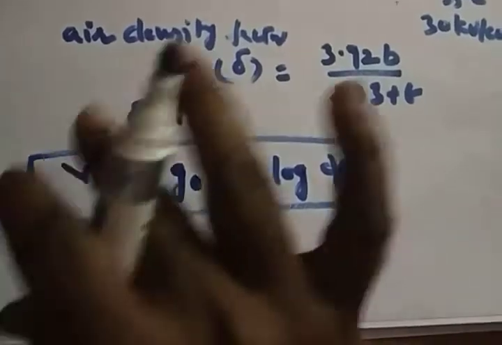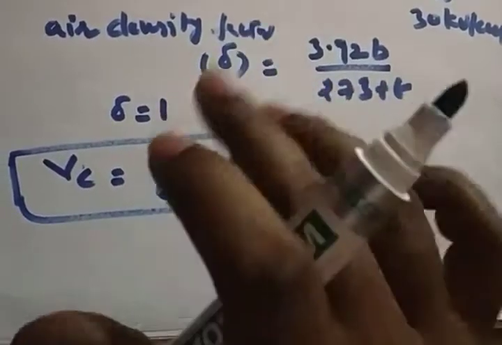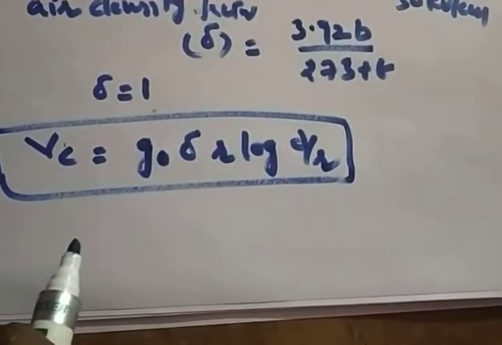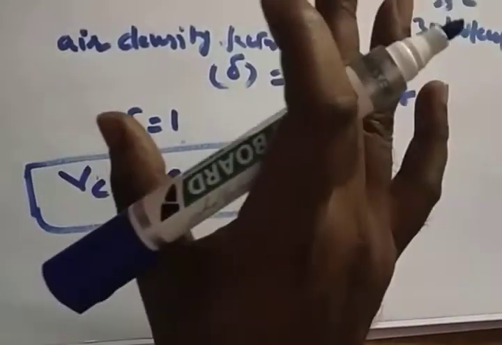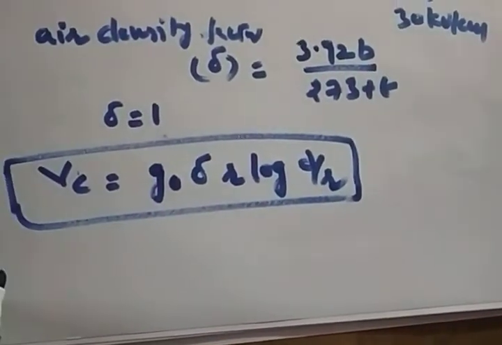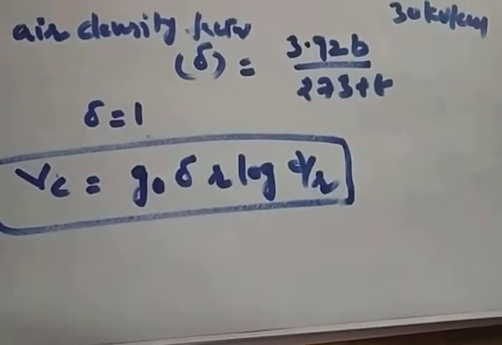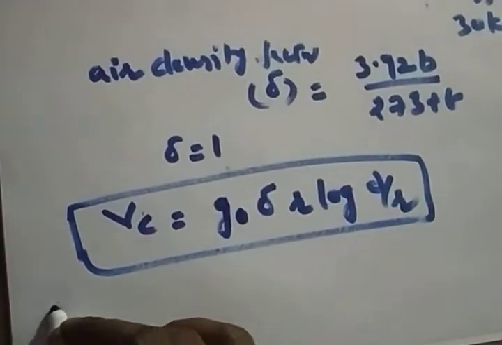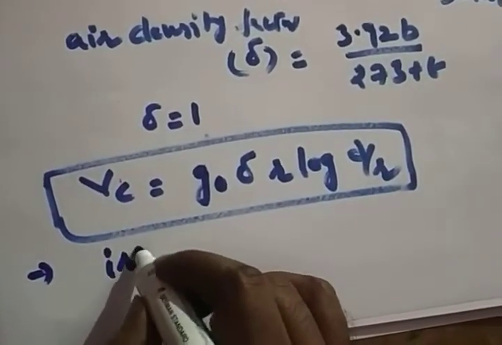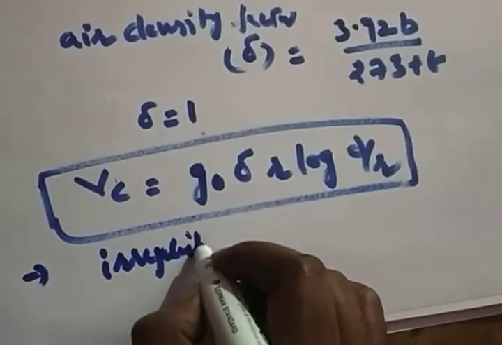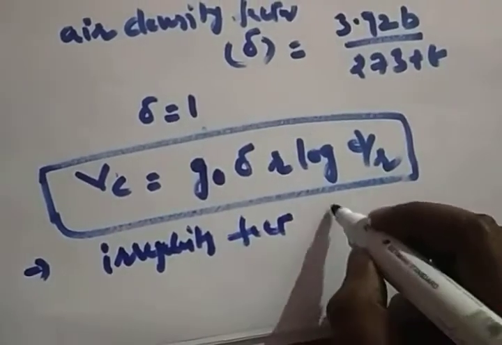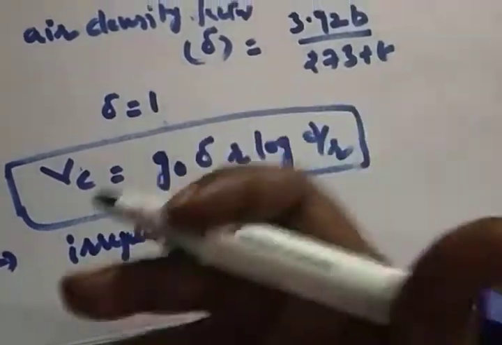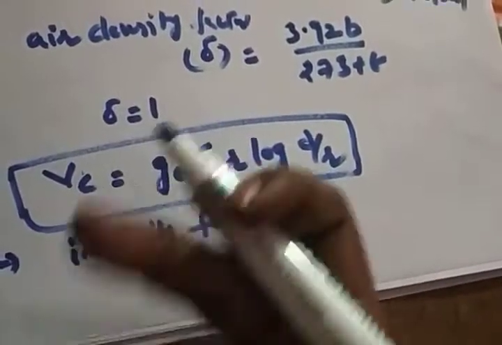And if the conductor is smooth or rough, for this we require another term that you need to insert. That term we call m naught, the irregularity factor. One more term we need to insert is the irregularity factor, m naught, for different types of conductors.